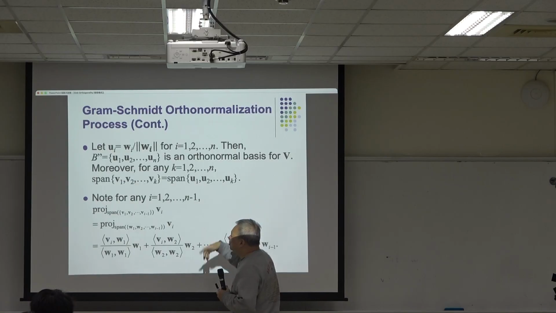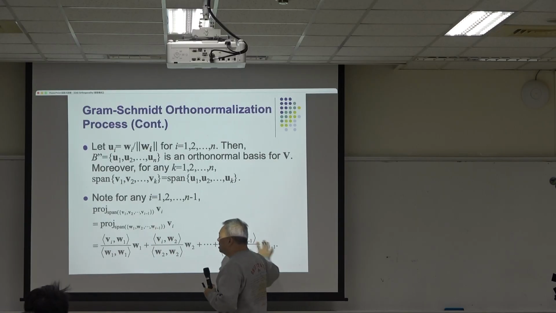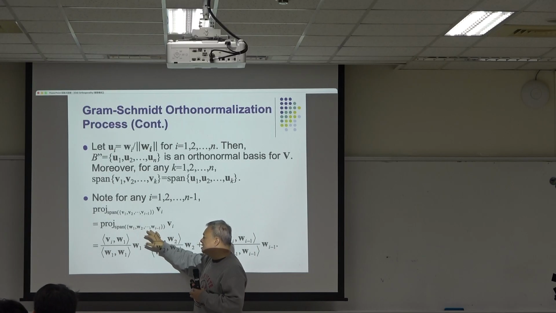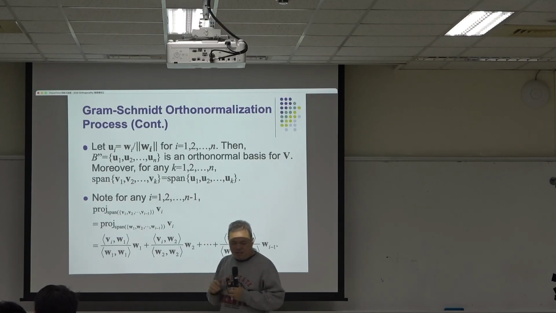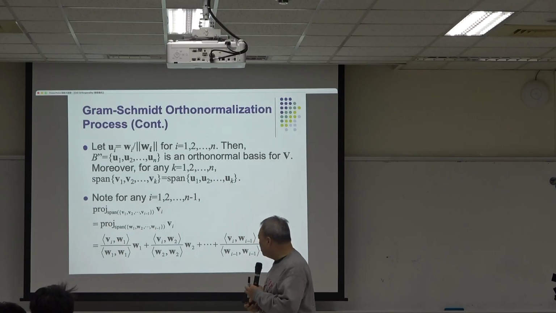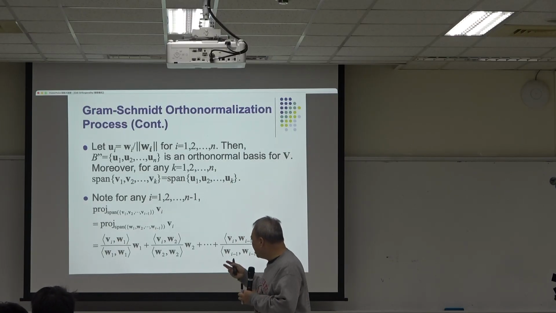That is why, in the process previously, your vi minus this one is going to be orthogonal to any vector spanned by v1 to vi minus 1.